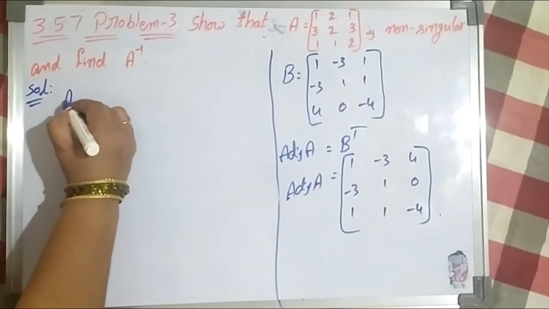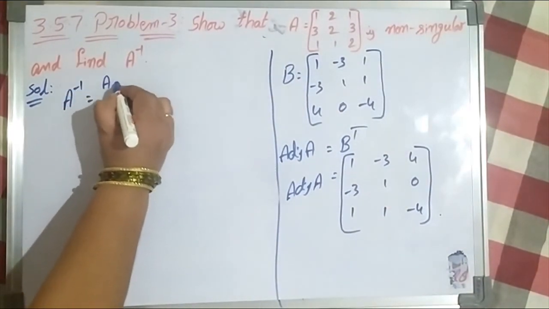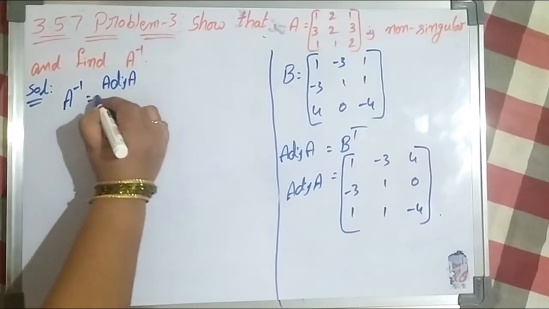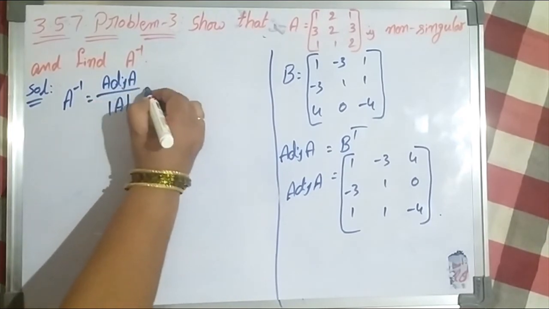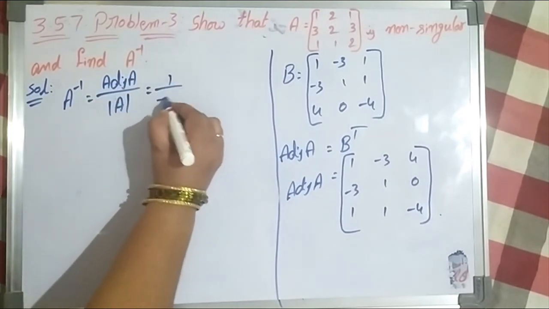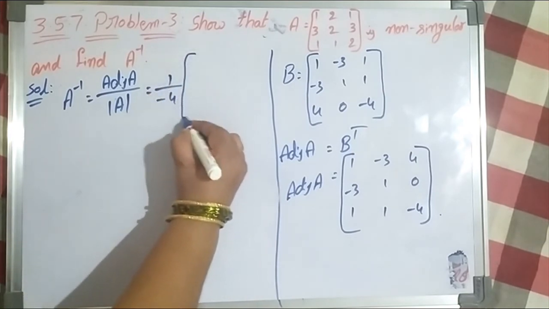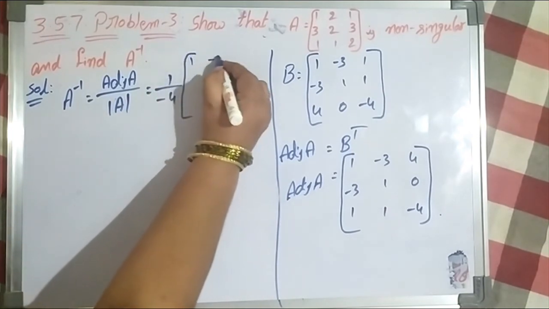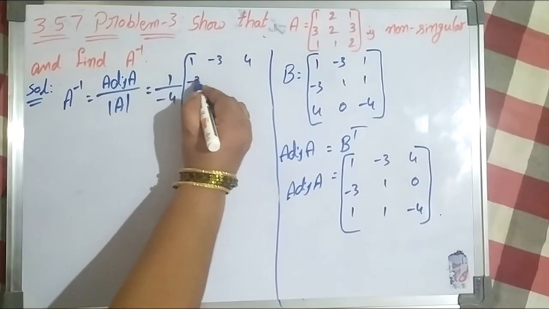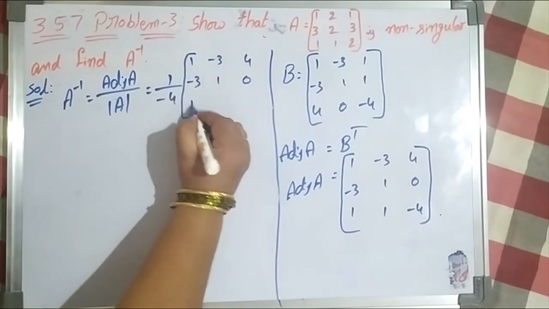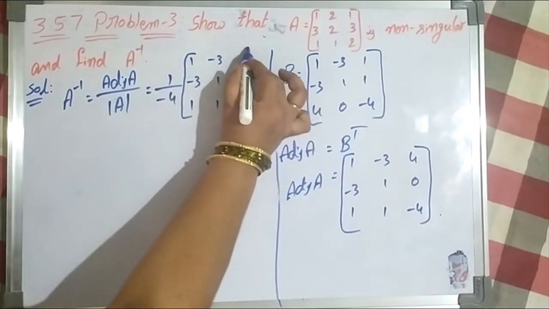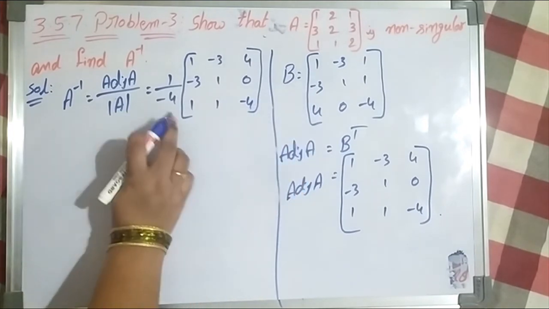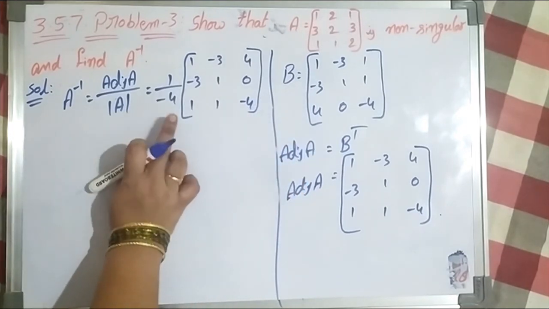Next, A inverse equal to, the formula is adjoint of A by det A. That is equal to 1 by det A, the value is minus 4. Then adjoint of A, the value 1 minus 3 4, minus 3 1 0, 1 1 minus 4. Then we have to multiply with minus 1 by 4.